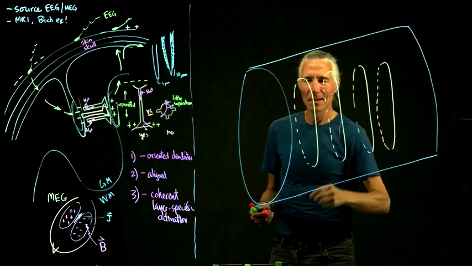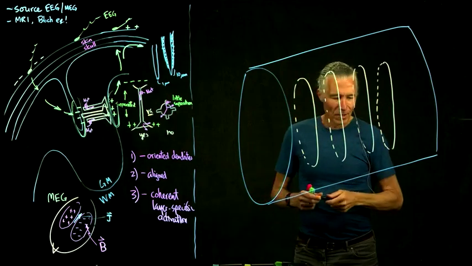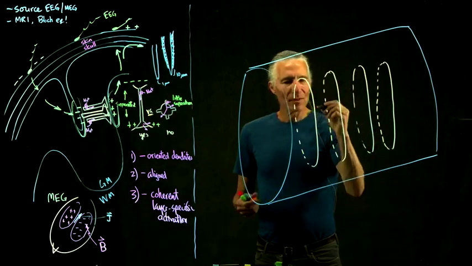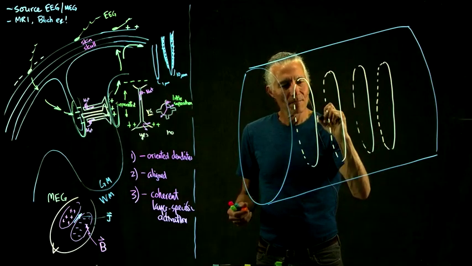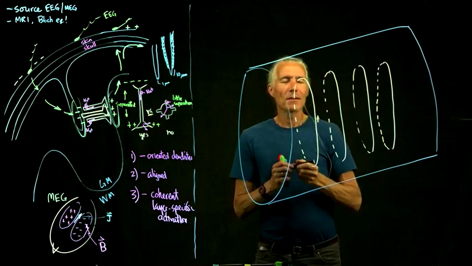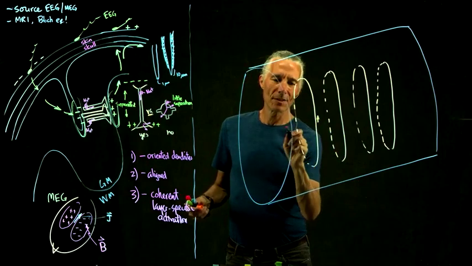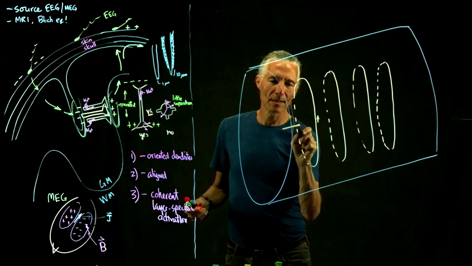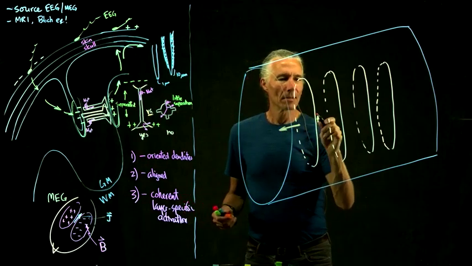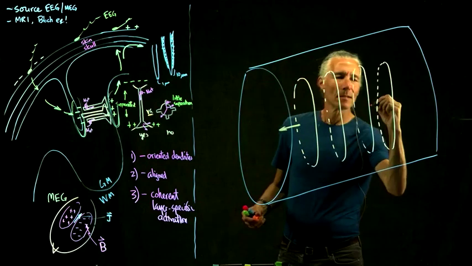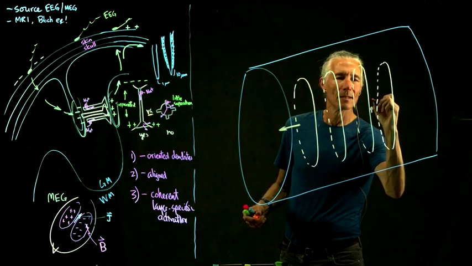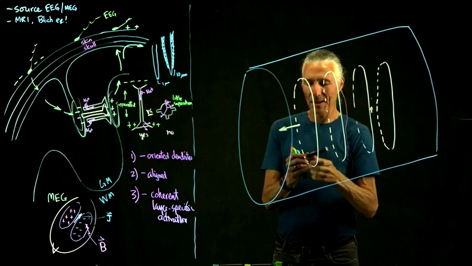And so if that current is, say, moving in this direction, then that's going to make a magnetic field in this direction. So this is, put it over here. So this is that's the J, that's the current flow.